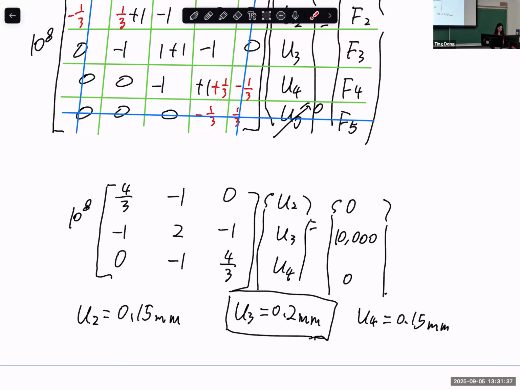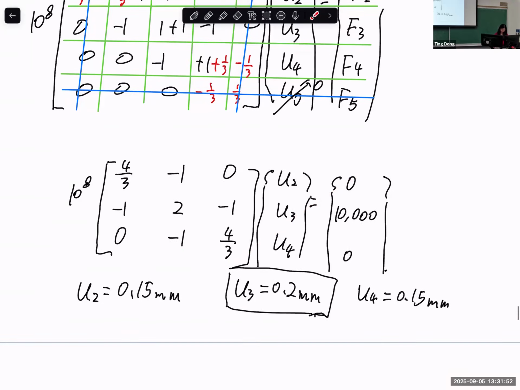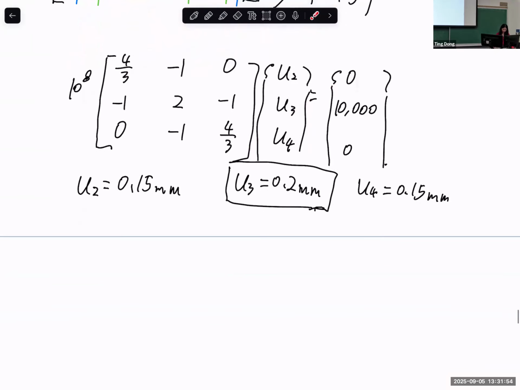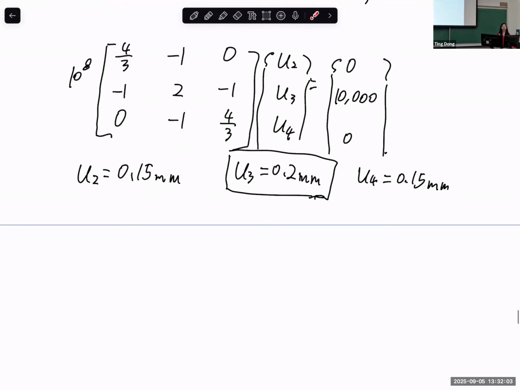As I said in the first class, in the homework, you are expected to solve 3x3. But in the exam, I will do my best to make it 2x2, so you don't spend a lot of time on calculation. I really don't care about the calculation part, and you don't need to show me the inverse of 2 by 2 times the vector. Whatever way you solve the two unknowns is fine. Any question for this part?